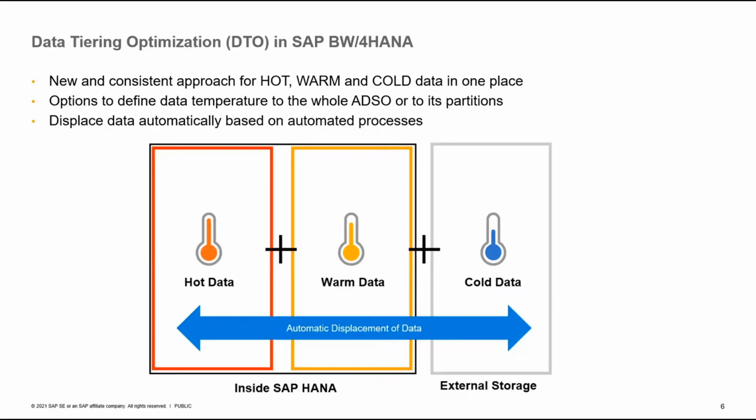So if warm or cold data is suddenly required to be processed regularly, then of course you can put it back to the hot store as well. What you also see here on this image is that we manage the hot and warm data inside the SAP HANA platform, while the cold data is physically managed outside of the HANA platform.